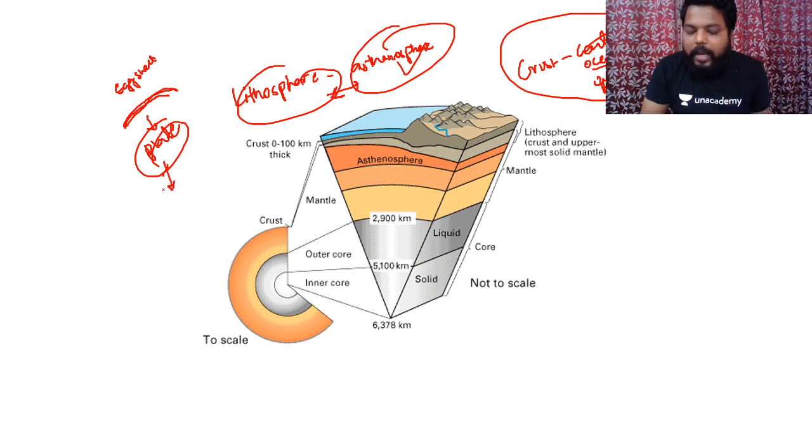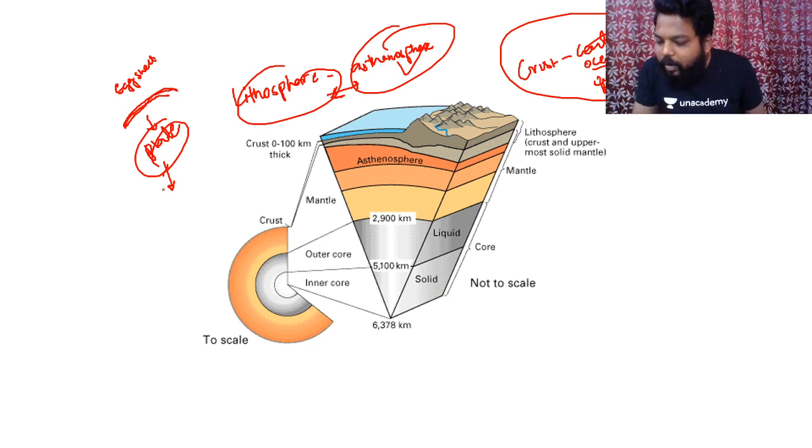As of now, just remember that it is broken like an eggshell into different plates, floating on the next layer called asthenosphere, and because of this the seafloor spreading process and the plate tectonics theory have been developed.